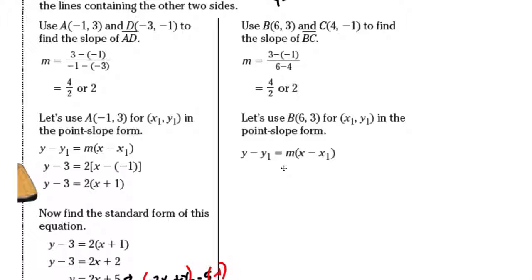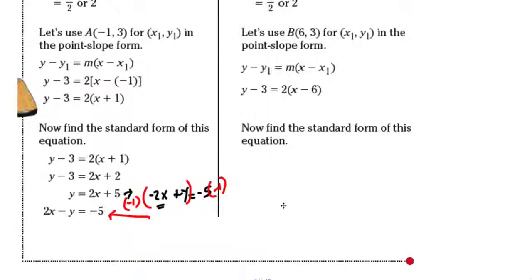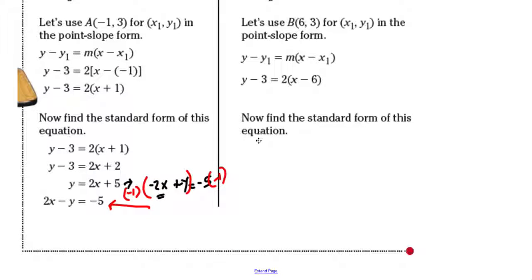Using the formula for point slope form, substituting the values, you now have y minus 3 is equal to 2 times x minus 6. That would be your point slope form. Let's make that standard form. Using the distributive property, y minus 3 is equal to 2x minus 12. Adding 3 to both sides, y equals 2x minus 9.